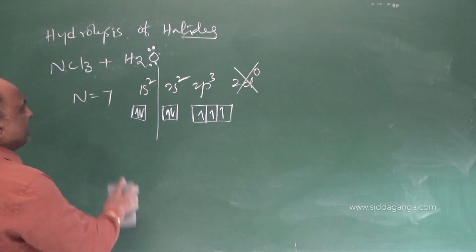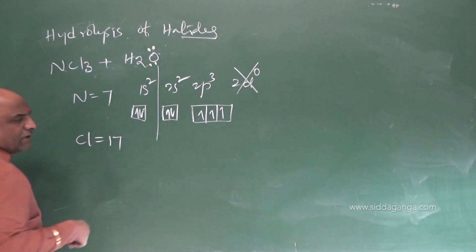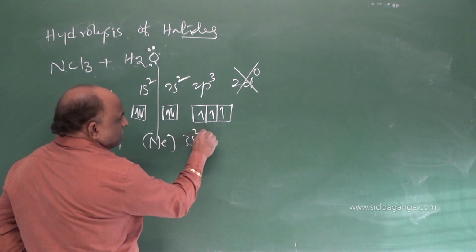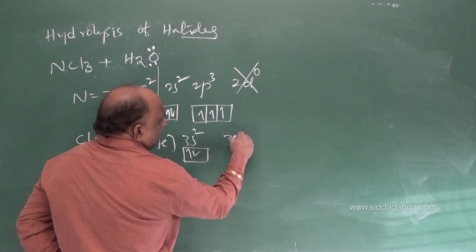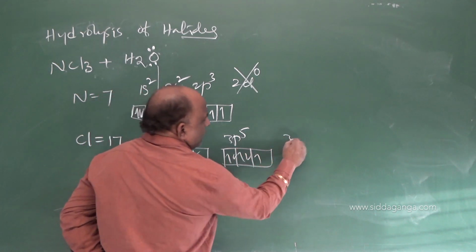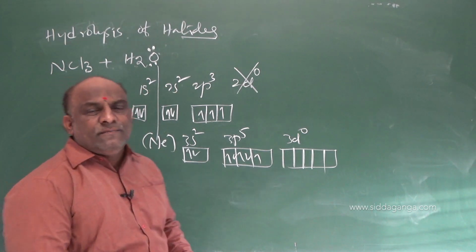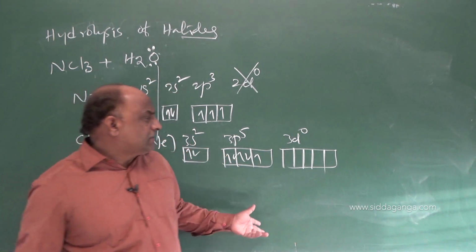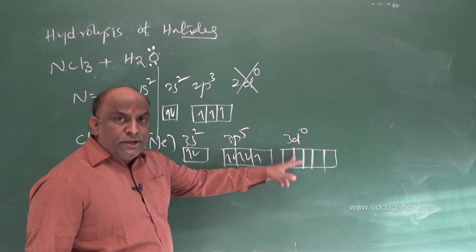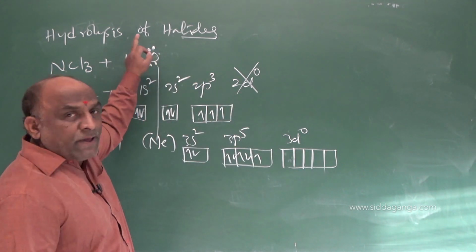So based on this, we have to explain the hydrolysis reaction, going to chlorine, atomic number 17: neon core, 3s2, 2 electrons in s orbital, 3p5, 5 electrons in p orbital, followed by 3d0. So here nitrogen atom doesn't have vacant orbitals, but chlorine has vacant d orbitals. The chlorine atom is ready to accommodate the lone pair of electrons present on the oxygen atom.